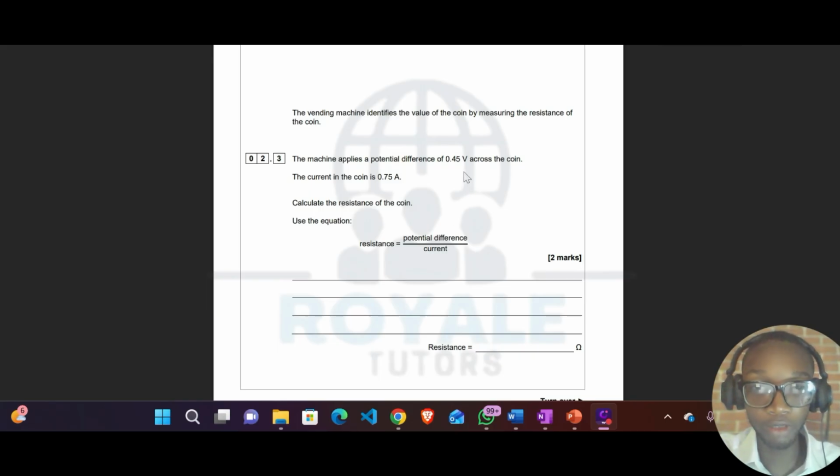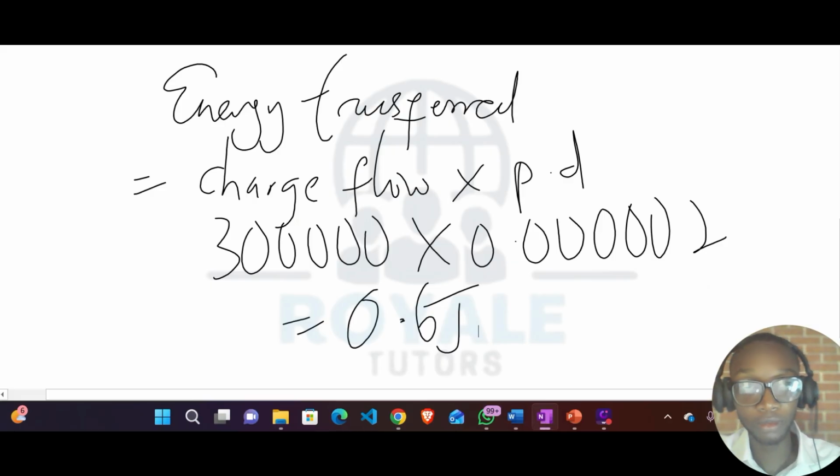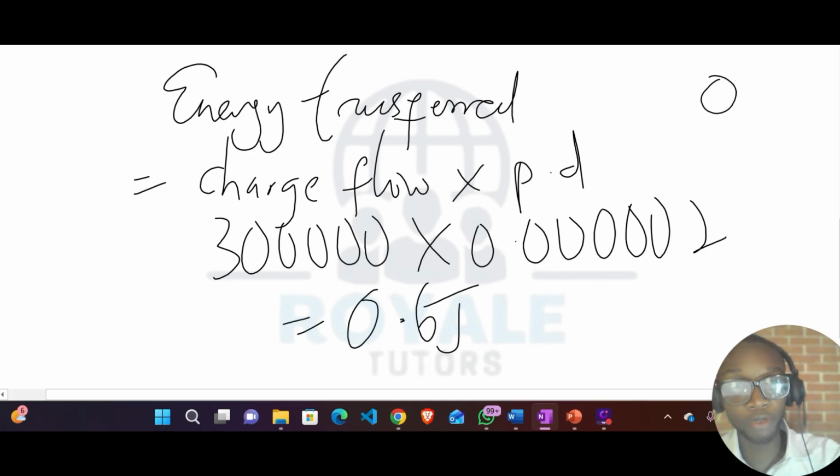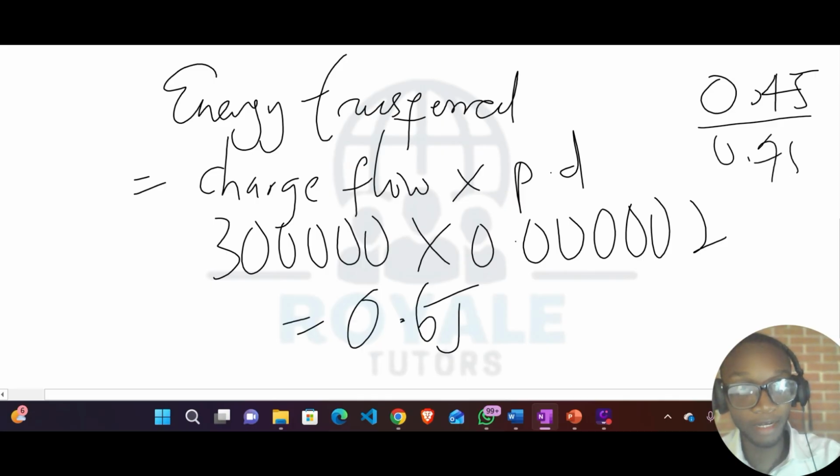So what's the potential difference here? That's 0.45. What's the current here? That's 0.75. So we just have to do 0.45 divided by 0.75.